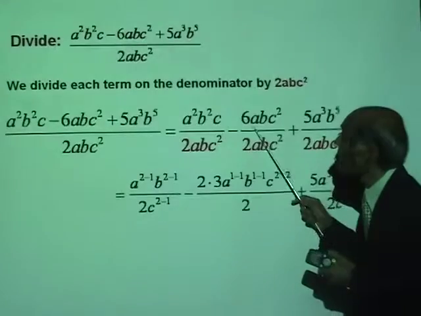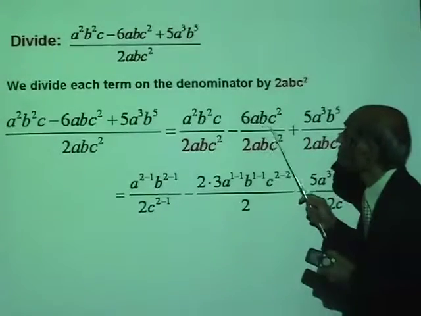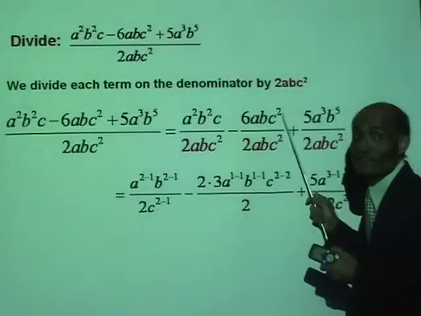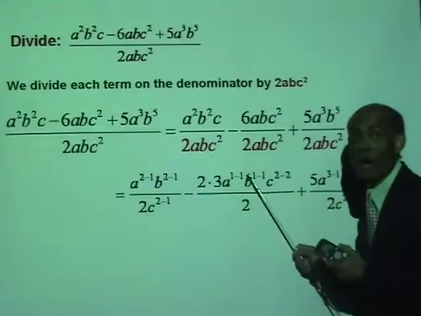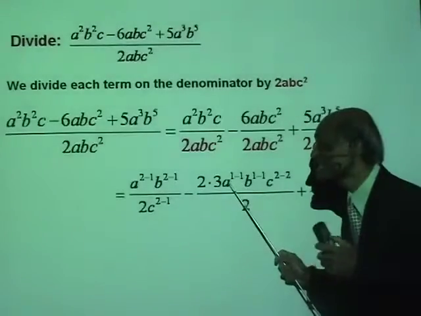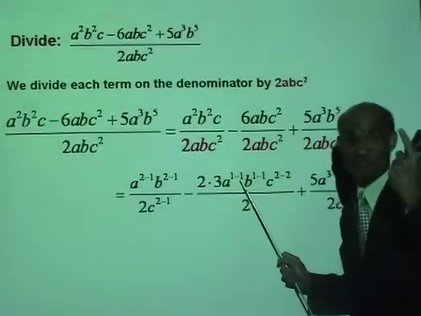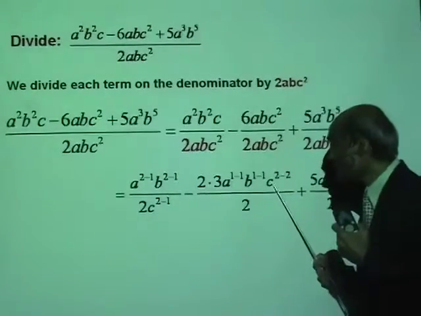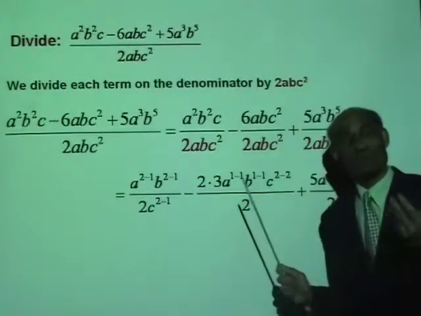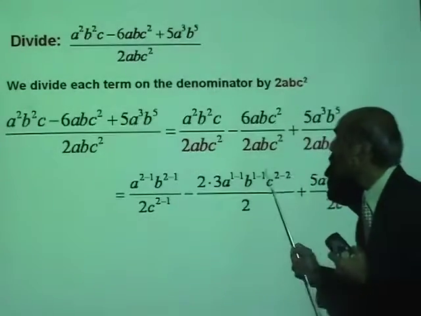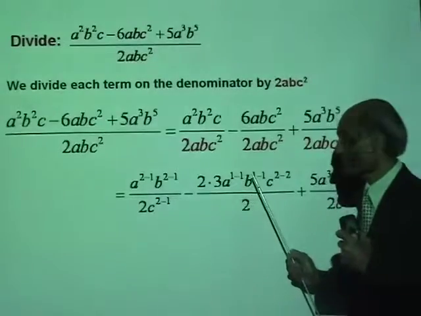A will go with a, b will go with b, c squared will go with c squared. This means the same thing. Why? Because a to the power of 1 minus 1 is a to the power of 0, that is 1. B to the power of 0 is 1. And c to the power of 0 is also 1. So all these will give you a 1.